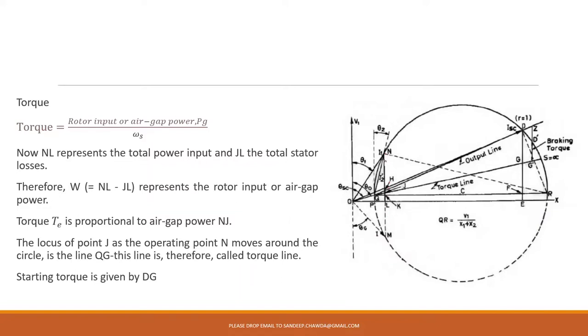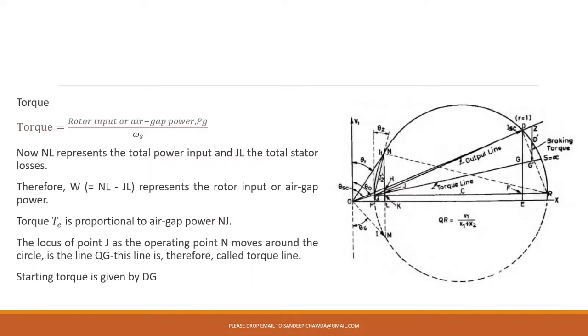When you subtract JL from NL, means from the total input you subtract the stator losses, it gives you the air gap power, the power available to the rotor. So air gap power will be given by NL minus JL, divided by omega S. So it is going to give you the torque.